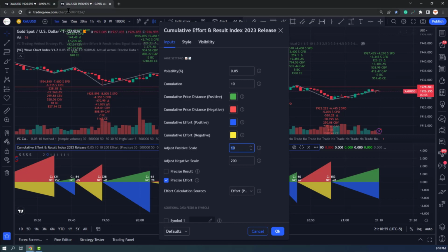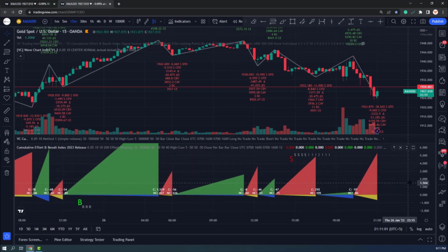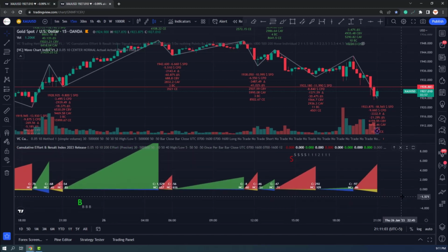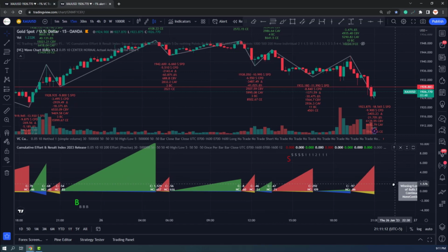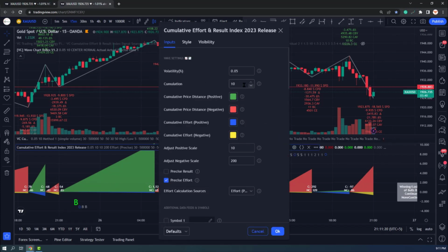Okay. Let's move to the 15-minute chart. Tahir, sir. Yeah. Sir, when we change this value and the effort and bars are changing, it does not impact the price which is moving up and down? No, not at all. We are not adjusting the volatility or the accumulation.